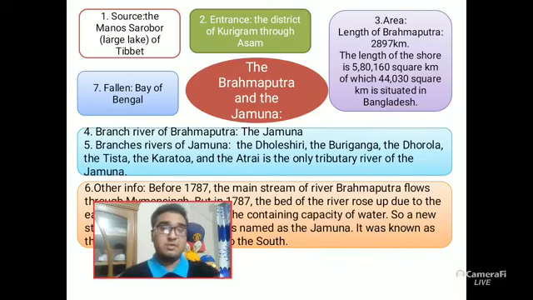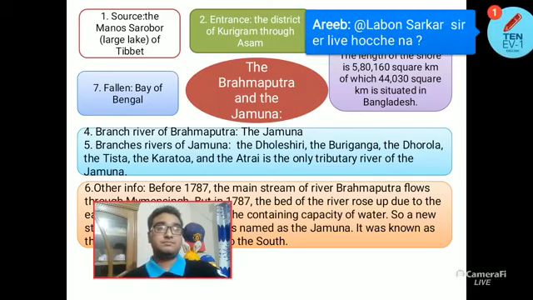So that's all about the river Brahmaputra and Jamuna. When you write about the river Brahmaputra and the Jamuna, you must use this information, and these are highly authentic and pragmatic, and then you will get very good marks. That means you will get full marks.